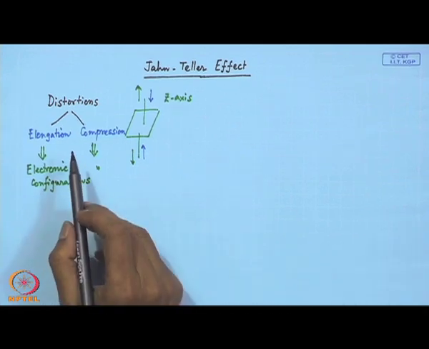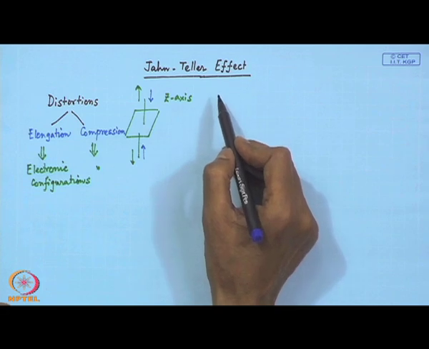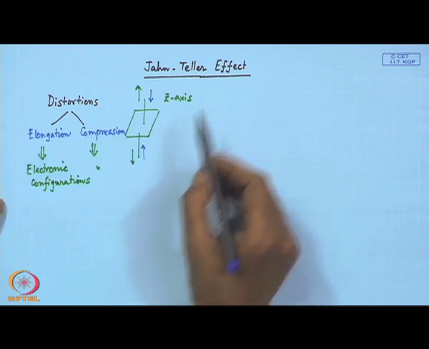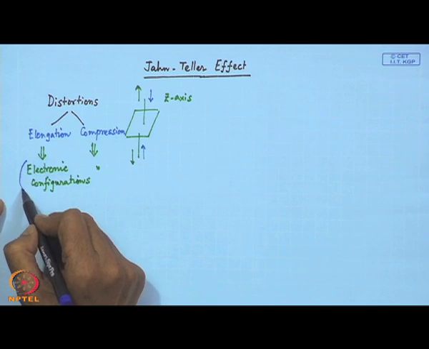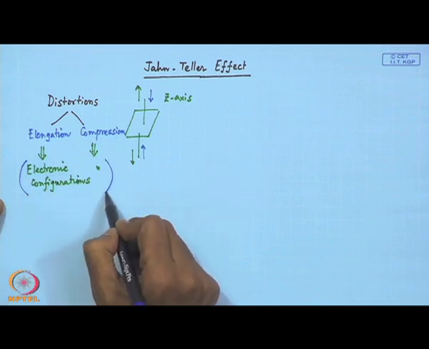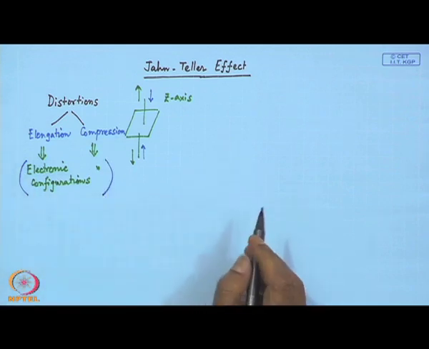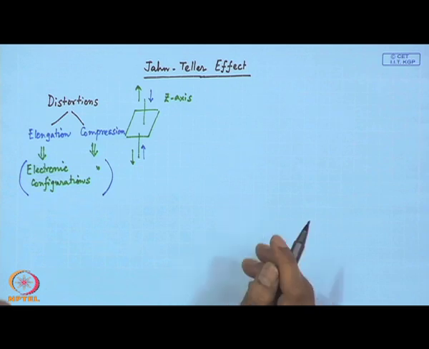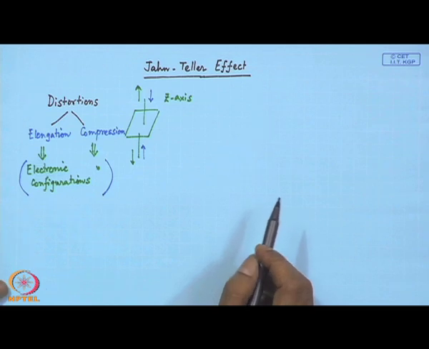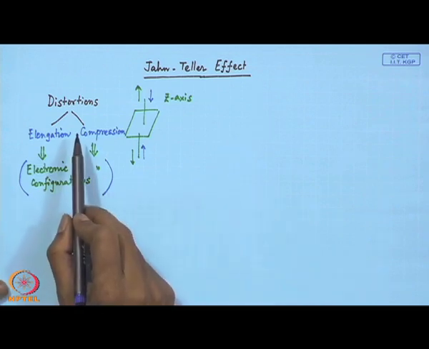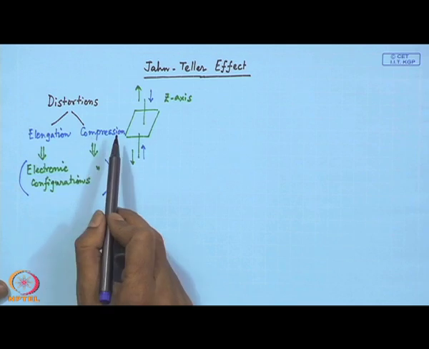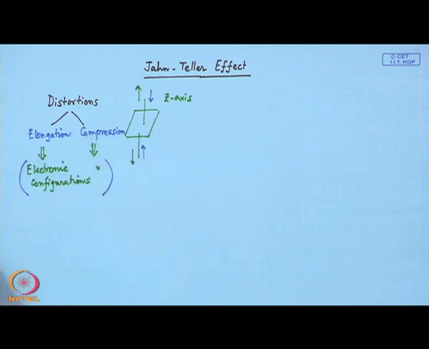In this Jahn-Teller effect, depending upon the electronic configuration for some systems, say d4 or d5 systems, we get a lower energy situation where the distortion automatically comes into the system, the molecule or the ion.